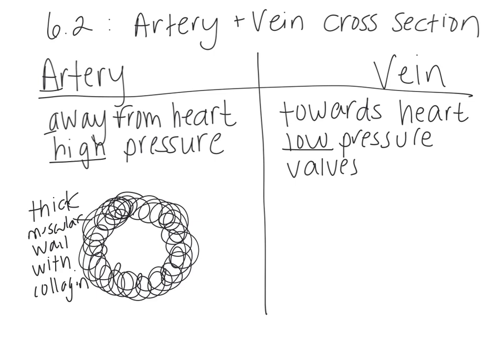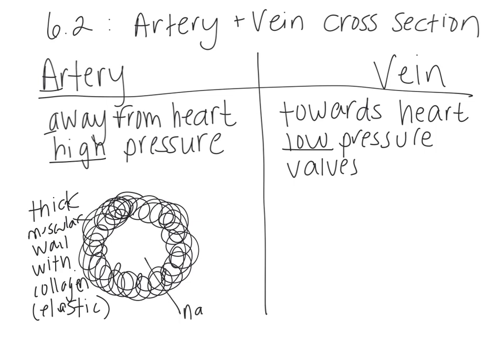Okay? Collagen with an E. And that collagen makes it elastic. Okay, so we have a thick muscular wall that has collagen in it and it's very elastic. That makes the walls of the artery very flexible but also strong and able to withstand that high pressure.